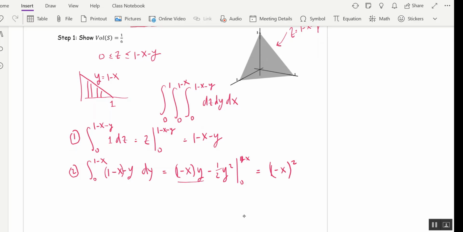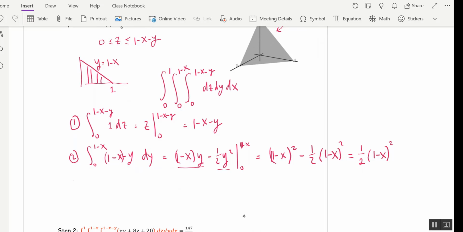And then for the second term, I'm going to get minus 1/2 (1 minus x) squared. And then when I put in y equals 0, I just get 0. So this is the result of my second integral. And I'm going to combine like terms. If I take (1 minus x) squared and I subtract half of that, I'm left with 1/2 times (1 minus x) quantity squared. Make sure you can follow that.